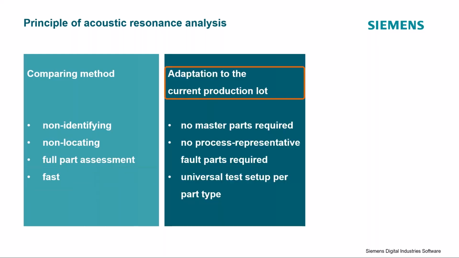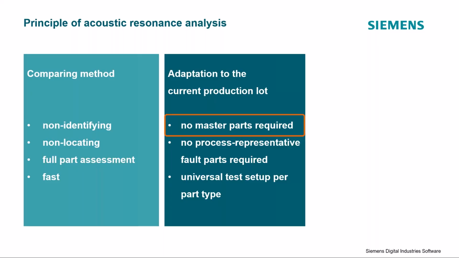Well, it works with adaptation to the current production lot. I will stress this several times and what this means and what the consequences are. One consequence is we don't work with the best part ever produced, the master part, which is almost totally in tolerance or without any tolerance.